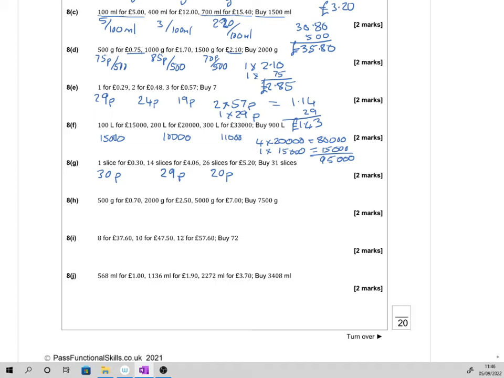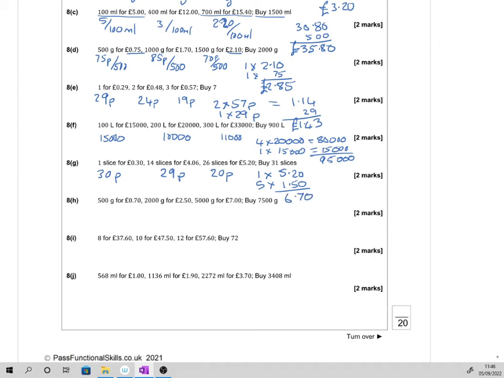So we're going to buy 1 times the £5.20. That gives us 26 slices. I think I'm going to buy another 5 of these. 5 times 30 pence, which is £1.50. And I'm going to call it £6.70 altogether.